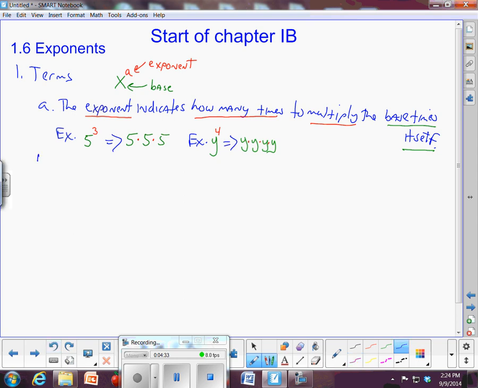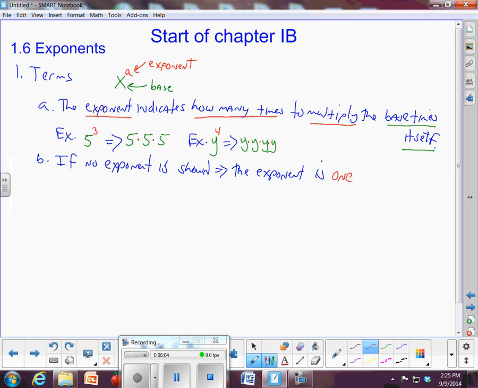Little b. All right, it's important to always understand this. If no exponent is shown, that implies the exponent is 1.